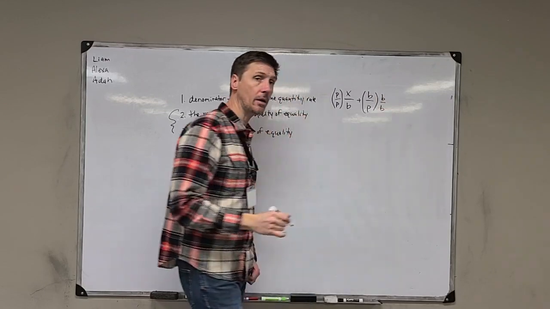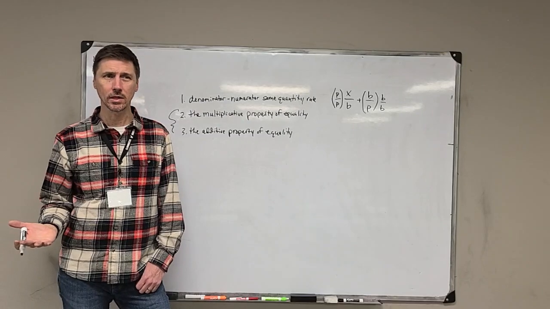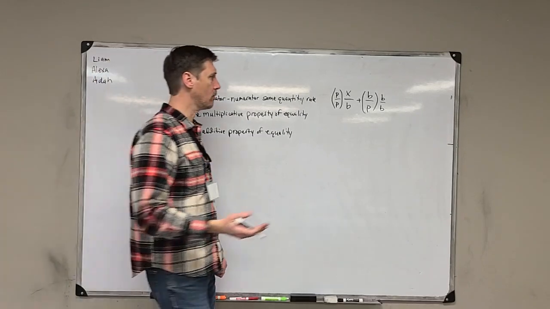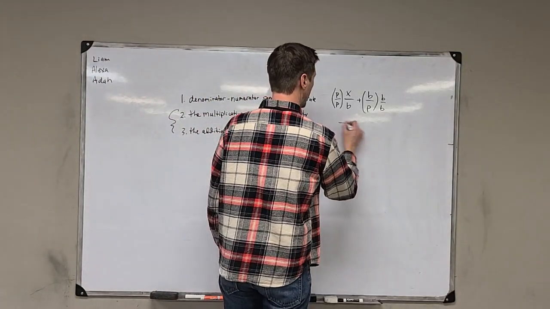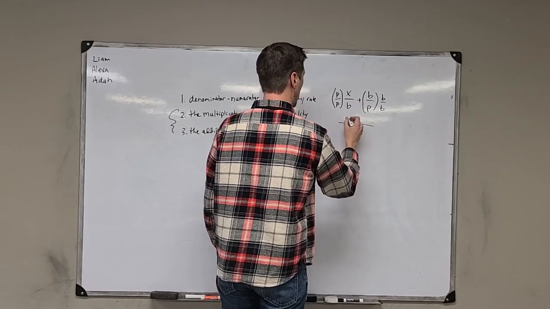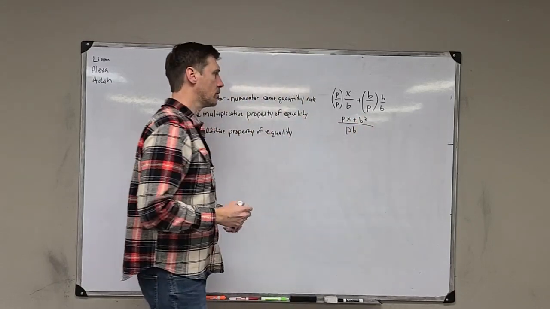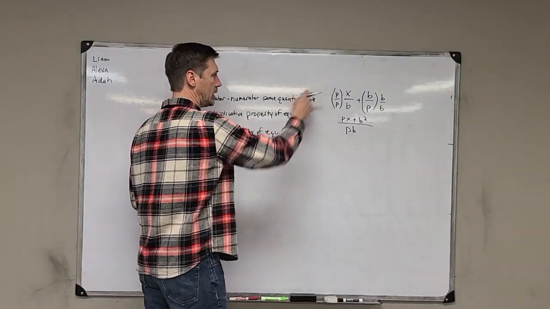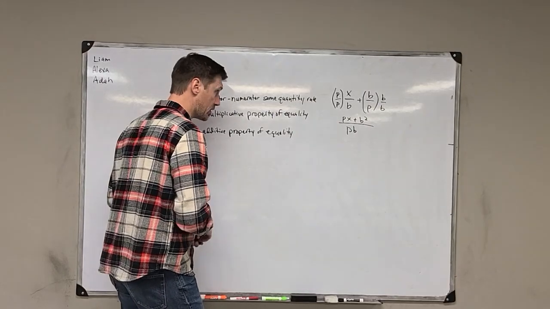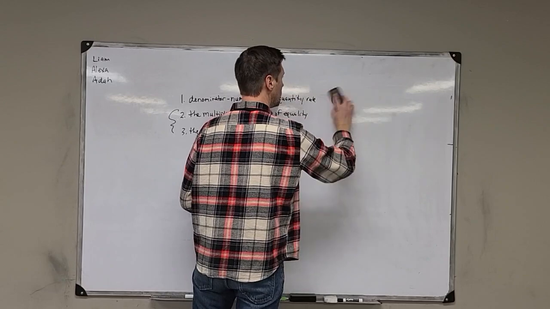And I'm allowed to do that because I'm really just multiplying each term times 1. You guys see that? So what that allows me to do is say, okay, I've got a common denominator of pb, and so the top part's going to be px plus b squared. The reason I'm able to do that is because I'm multiplying these terms by something over itself, which is effectively multiplying by 1. So that's what rule number 1 says we're allowed to do.